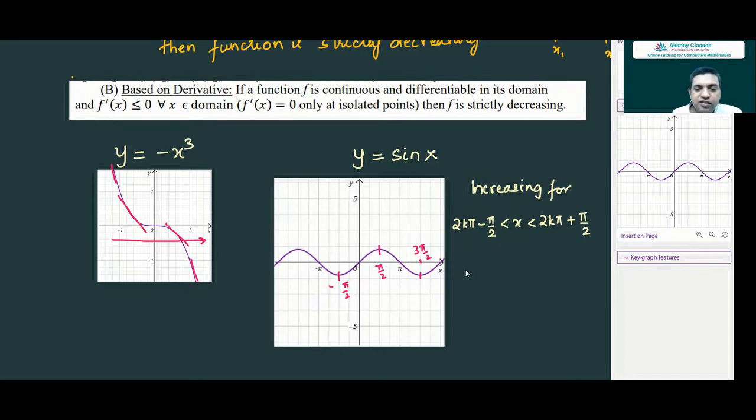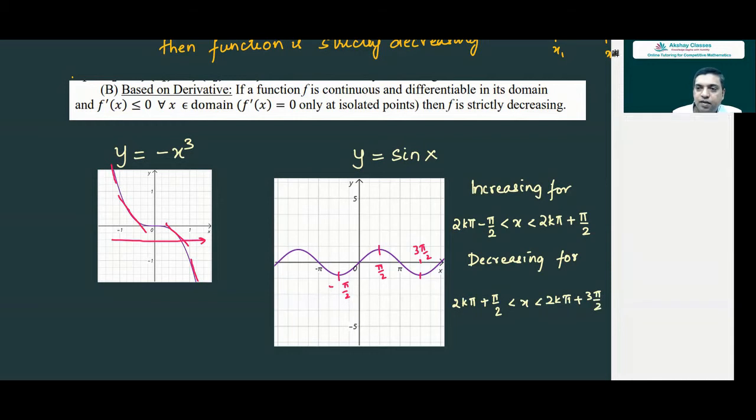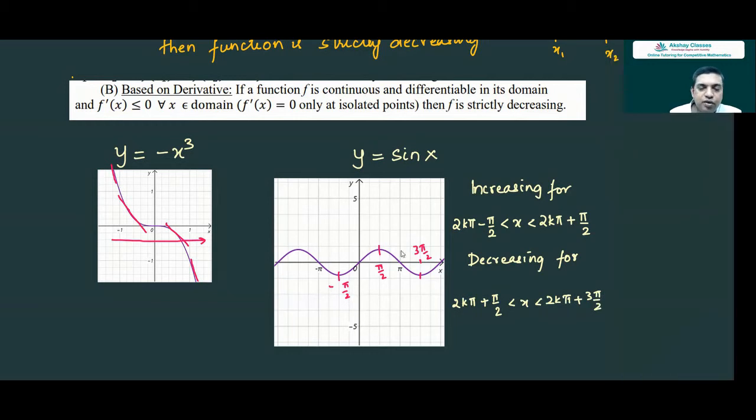For every such interval, sin x will be increasing, and it is decreasing for the interval 2k pi plus pi by 2 to 2k pi plus 3 pi by 2. So for these functions, we say they are monotonically increasing in a particular specified interval only. It is not throughout. Okay. So this is about monotonicity.